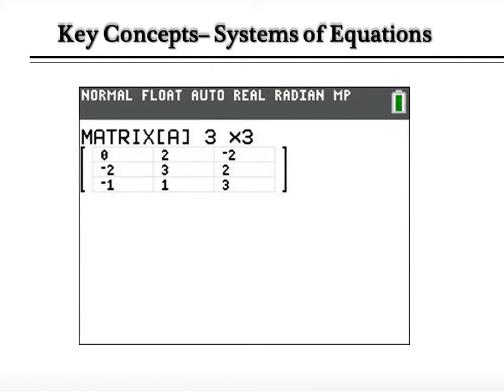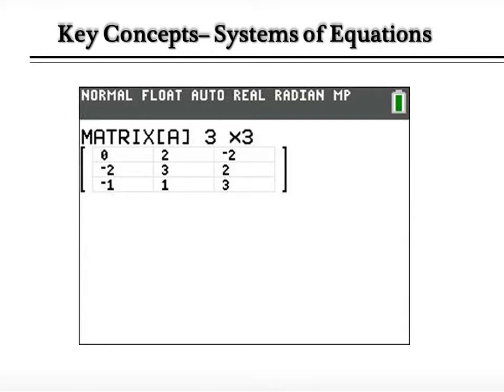Now along the top, there were no x's, so I put in 0. There were 2 y's and negative 2 z's. In the second equation, there were negative 2x, 3y, 2z.